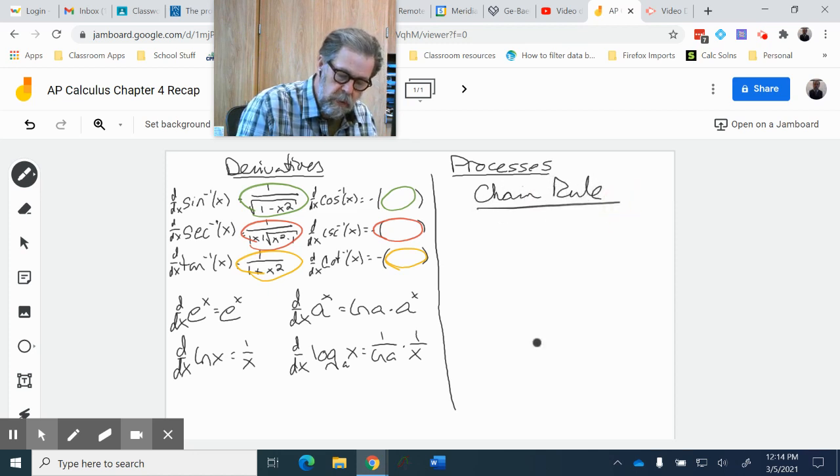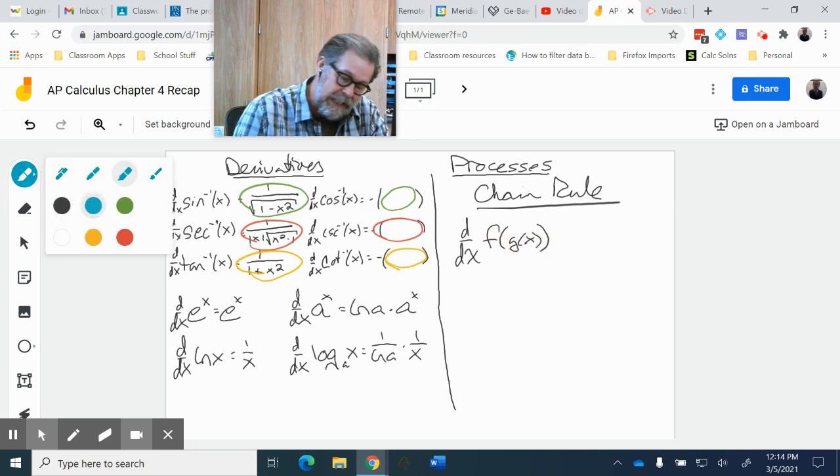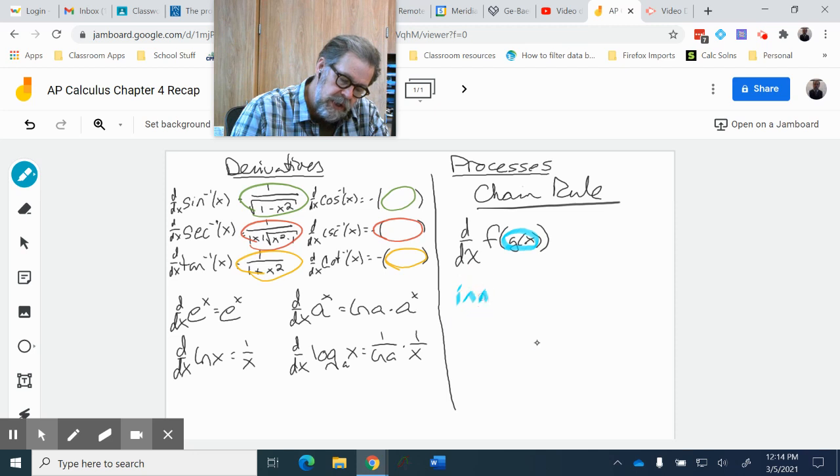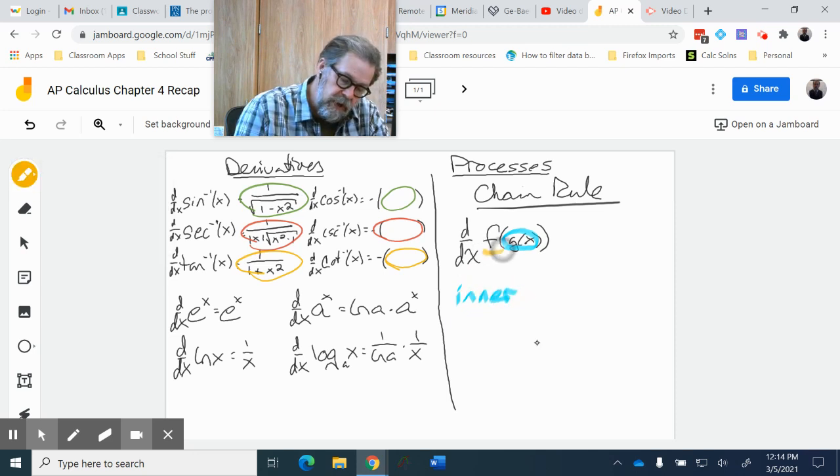The chain rule says that if I have some function that is a composite function, the derivative of f of g of x, and I like to color code, as you will know if you have been watching all my videos, this is the inner function. This is the outer function.